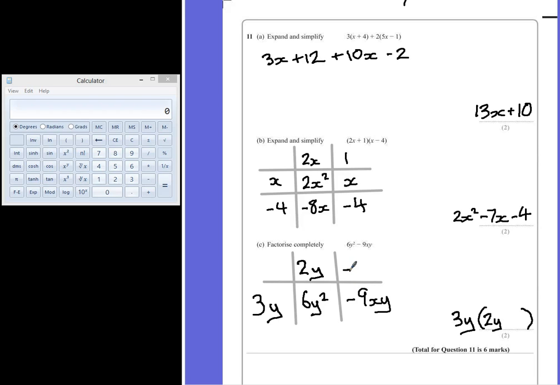So if we assume that the negative is here, we're going to have 3 times 3 to get the 9, and 3y times x will give us the xy, so that has to be 3x. So inside your bracket you would have 2y minus 3x. 2 and 3 don't have another common factor, y and x are both different, so that is fully factorised.